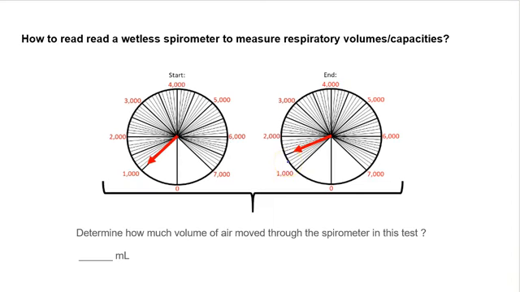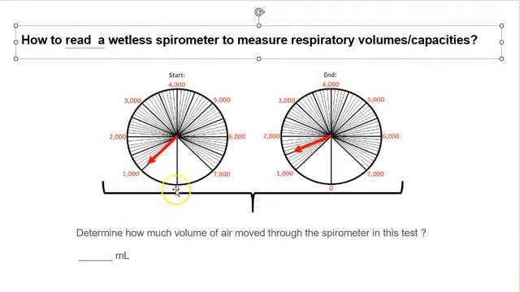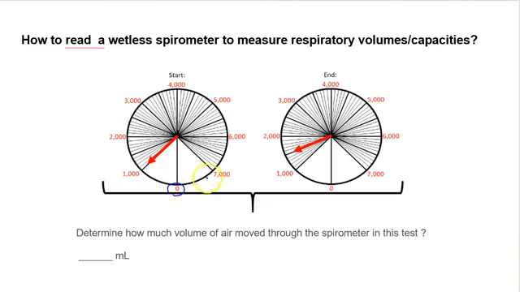Okay. Next, it's important to know how to read a wet spirometer to measure the spirometry volumes and capacity. As you can see, the gauge of our spirometer starts from 0 and ends at 7,000. But the problem is that between 0 and 1,000, there is no line that we can read for numbers less than 1,000.